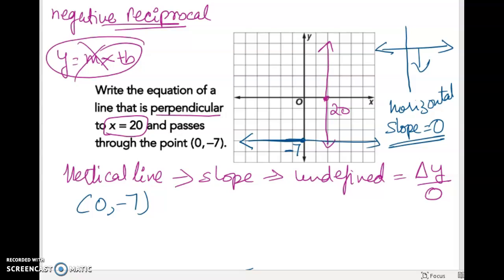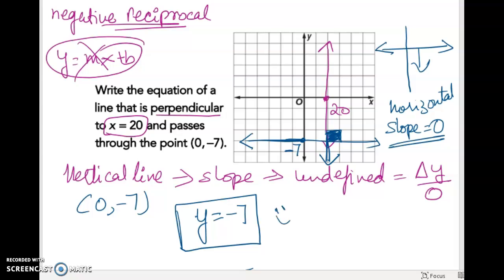And that's what we wanted. Vertical line and horizontal line. Let's extend it much more. They will form a perpendicular. Right? So, based on that, I can say equation of a perpendicular line is nothing but y is equal to negative 7.